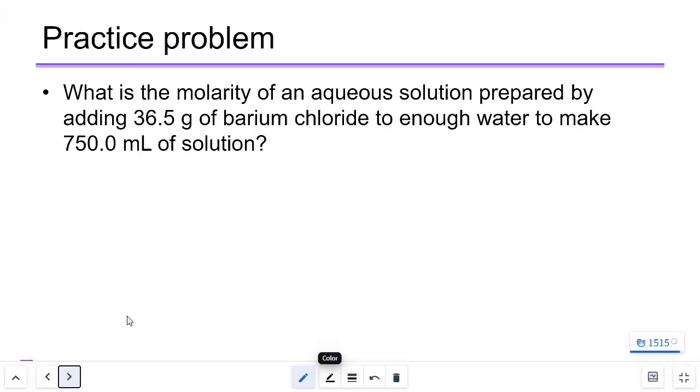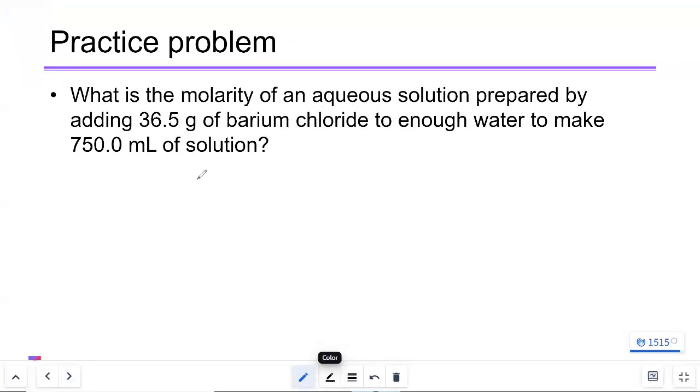If you want to see it fully worked out, the annotated notes in Blackboard have this problem fully worked out for you. The overall process is relatively straightforward. It's nothing you haven't seen before.